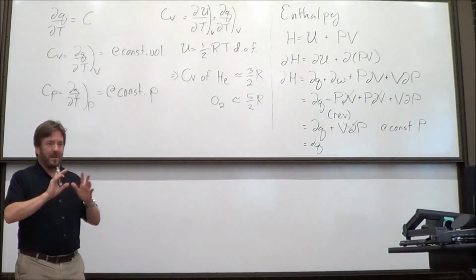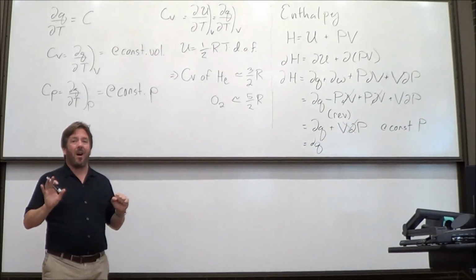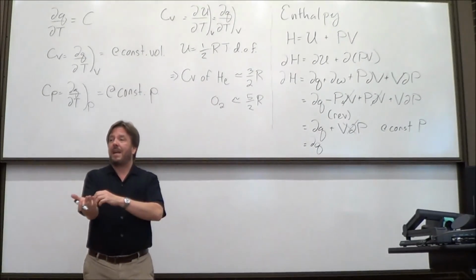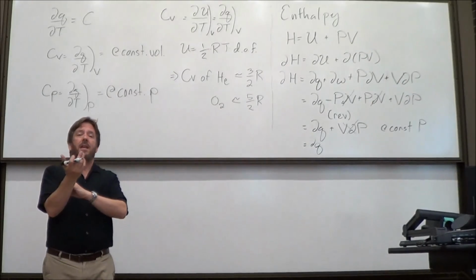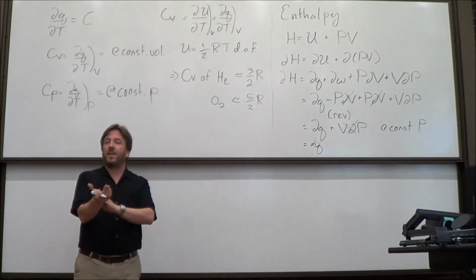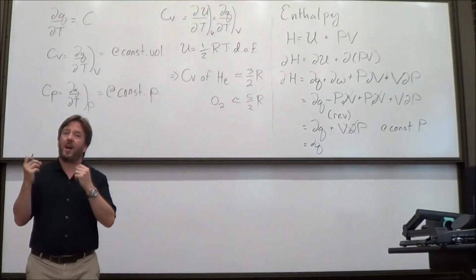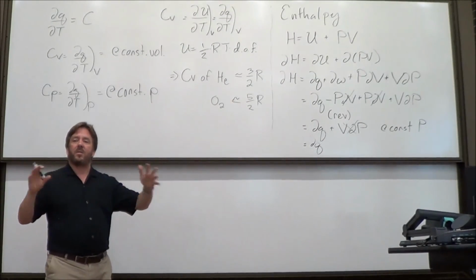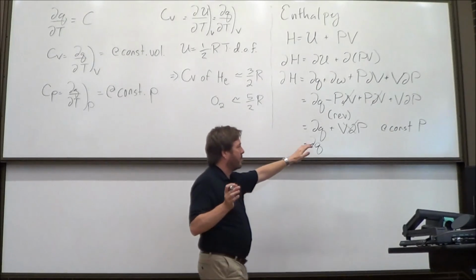God forbid higher, 2 atmospheres is not hard to get to. You've got a chemical reaction producing a moderate amount of gas, and guess what? We tend to heat things. Hits 2 atmospheres, now you're in danger of an explosion, and nothing's worse than flying glass for your eyeballs, right? So we tend not to do that, and God knows everything else in the world is done at constant pressure.